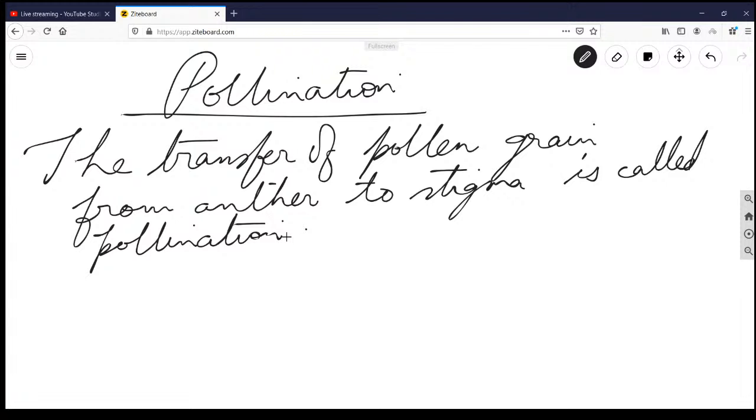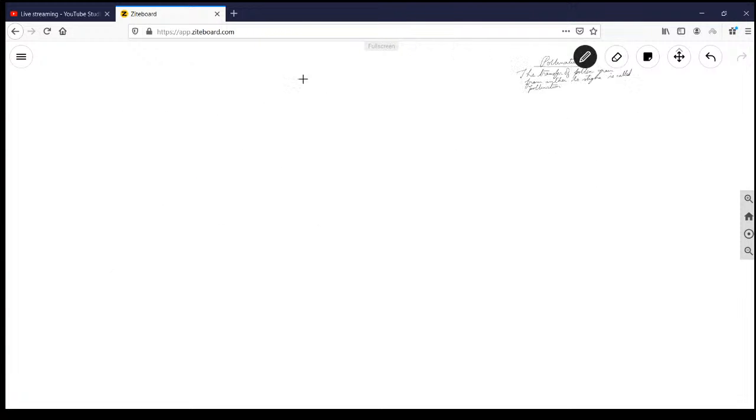But the transfer of pollen from the anther of a flower to the stigma of a flower belonging to a completely different plant is known as cross-pollination. Pollination can be divided into multiple types based on the table that I am about to give you. Draw this table properly, keep it with you.